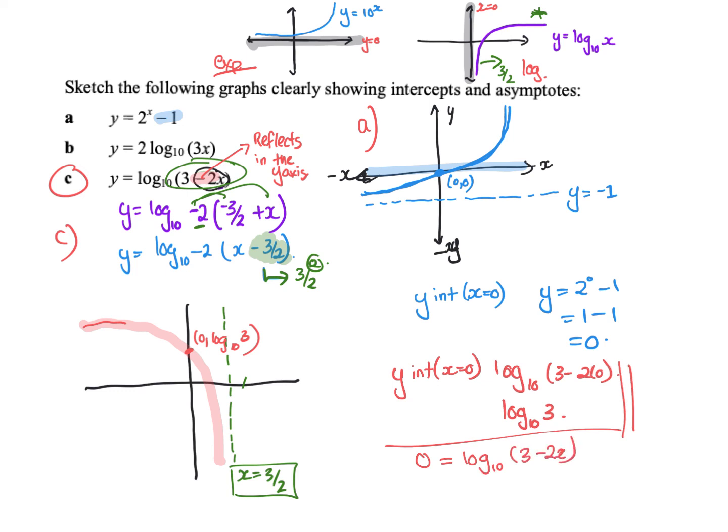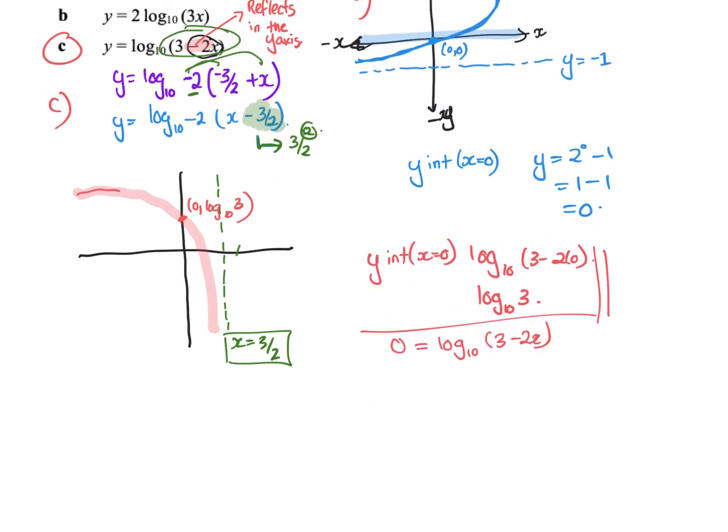like that. Sorry, I'm going to move this all up. Hopefully it works. Yep. So when we've got that one, I'm going to use the trick again, where I say 10 to the power of 0 equals 3 minus 2x. So 10 to the power of 0 is 1. 3 minus 2x. So bring the 3 over.